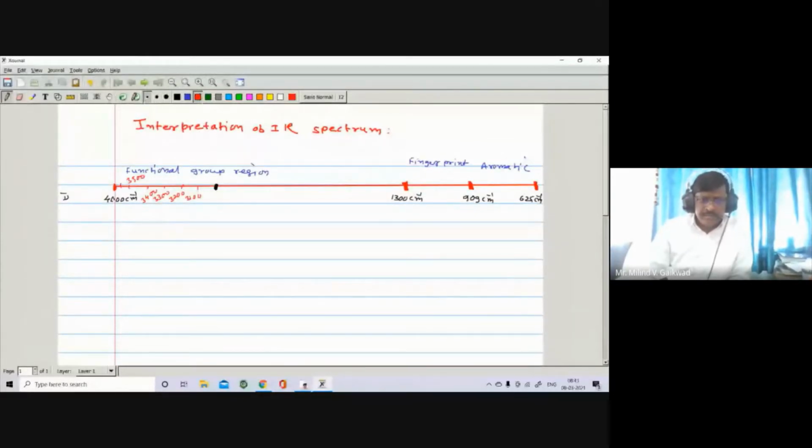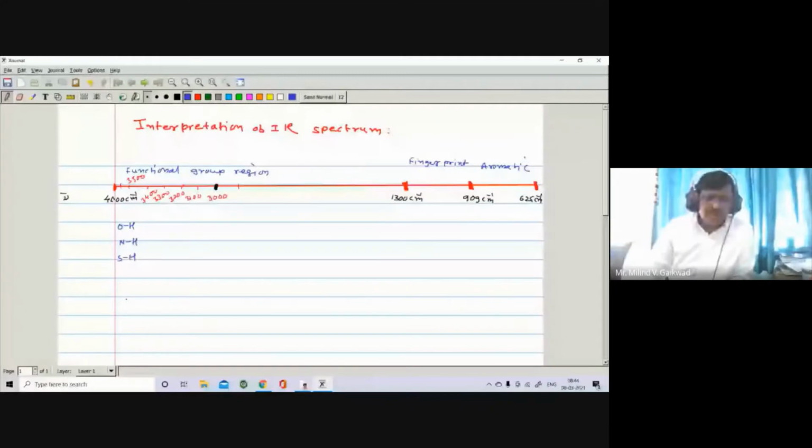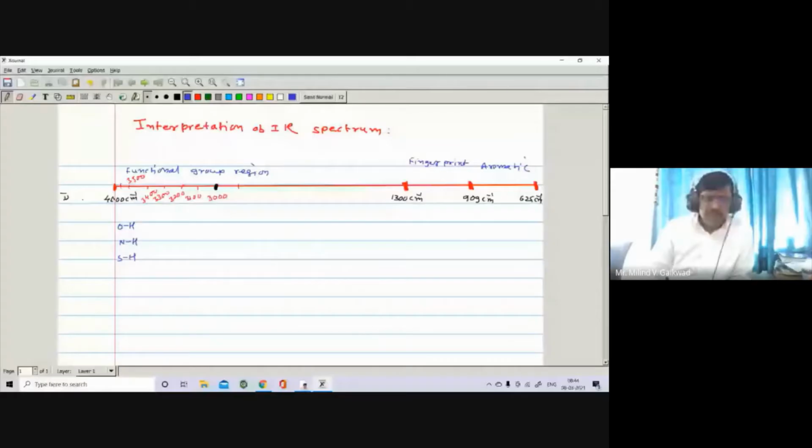Here the OH stretching, then NH stretching, SH stretching, the hydrogen directly attached to a hetero element, OH, NH, SH, generally appears above 3200.